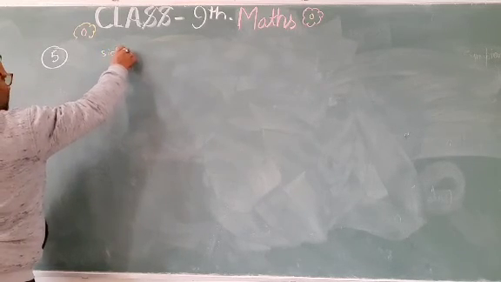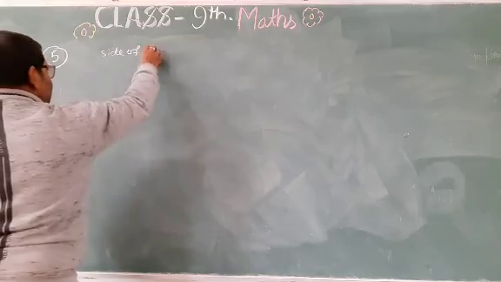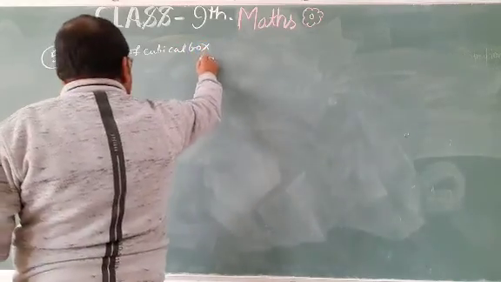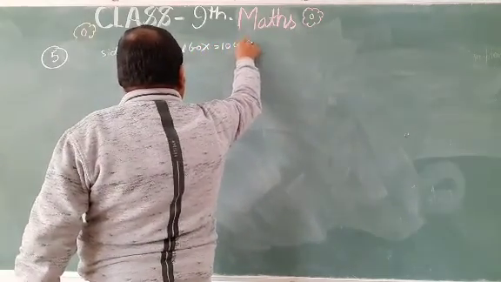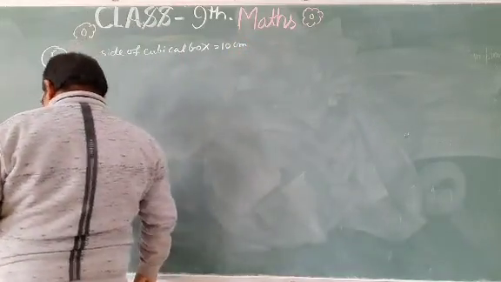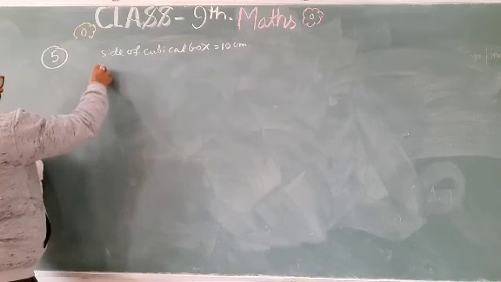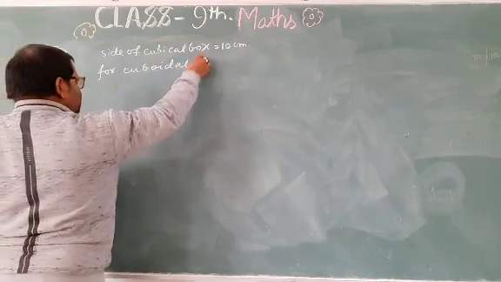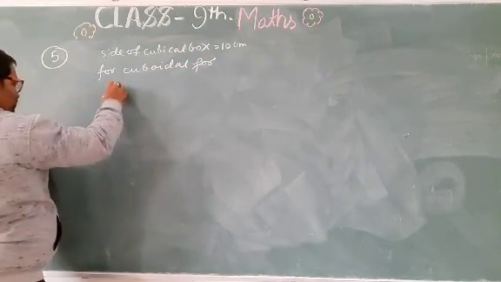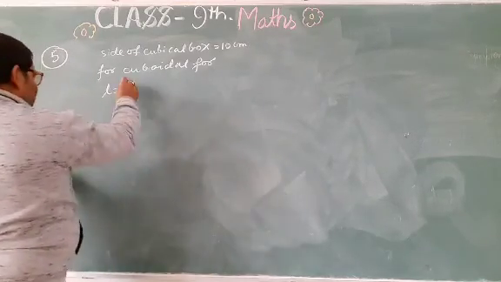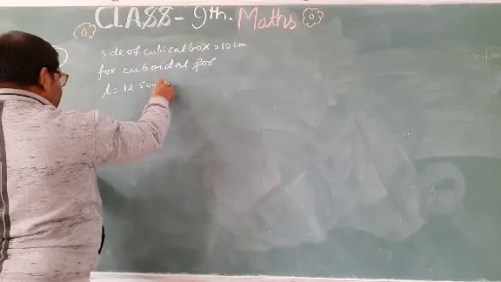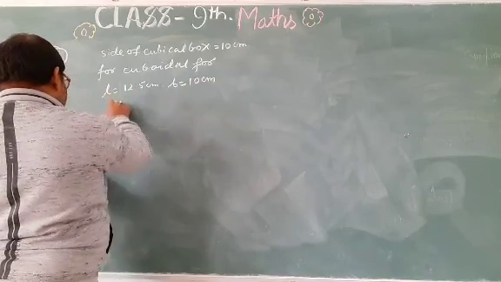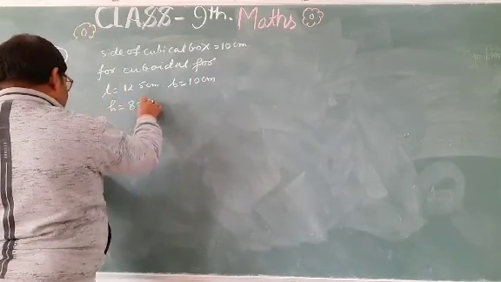So the side of the cubical box is 10 centimeter, and for the cuboidal box L equals 12.5, B equals 10 centimeter and H equals 8 centimeter.